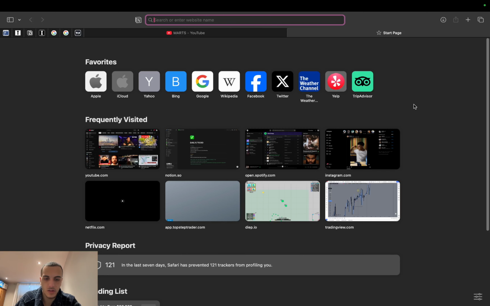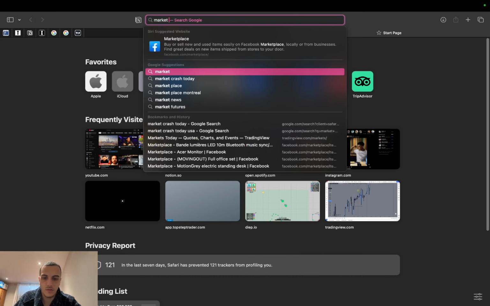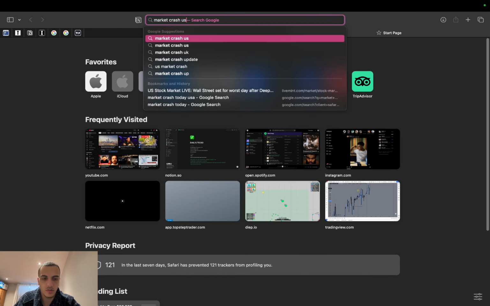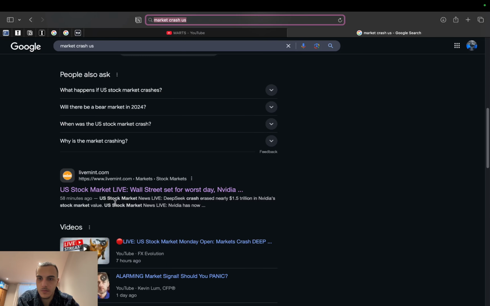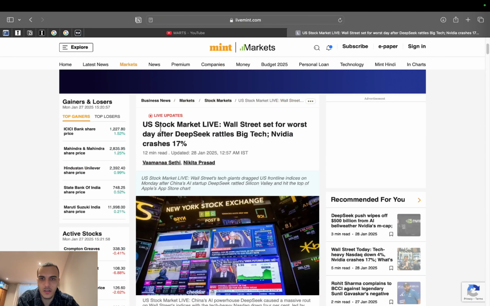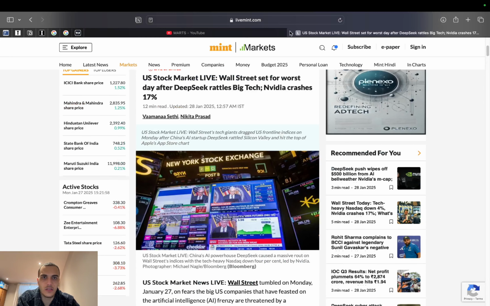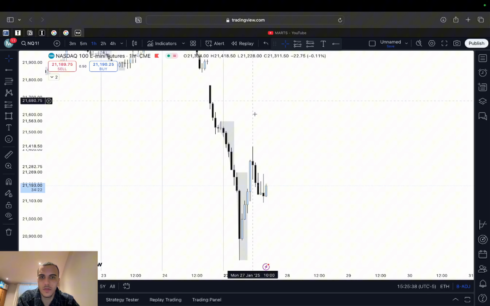Let's see if I can find it. Market crash US. Yeah, it's named DeepSeek or something. So that's why everything is down, and as you can see right there, there's a big gap.